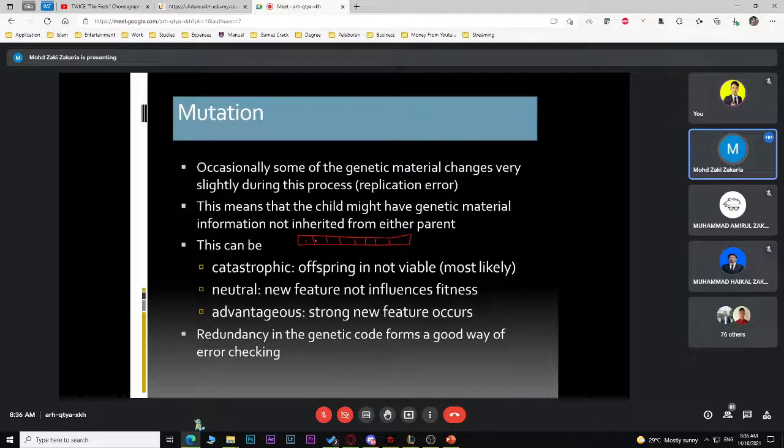For example, values 1, 0, 1, 1, 1, 0, 1, 0. After we mutate, maybe we can mutate 5%. Based on this case, maybe just one sector we mutate.